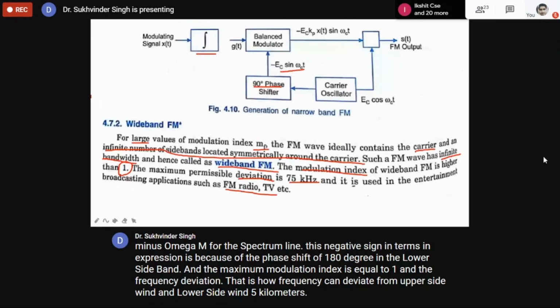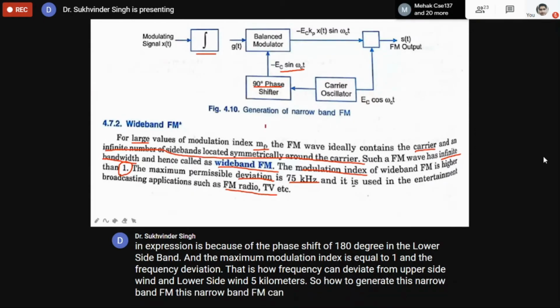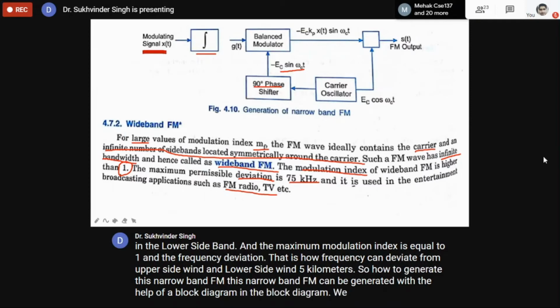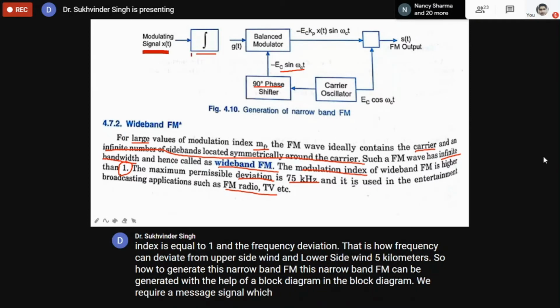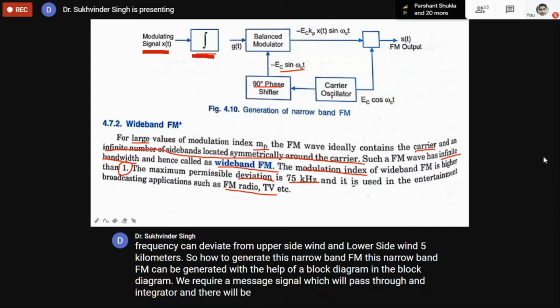So how to generate this narrowband FM? This narrowband FM can be generated with the help of a block diagram. In the block diagram, we require a message signal which will pass through an integrator, and there will be a carrier oscillator which will provide the carrier frequency.